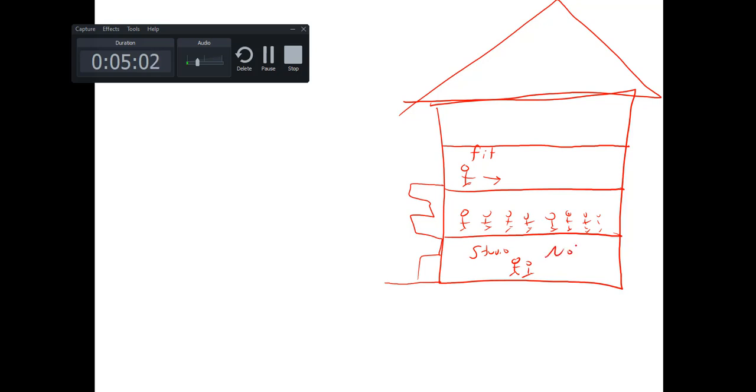So the more fit you are, the more energy you have, then the higher that you can live. So using that housing analogy or apartment complex analogy, let's go ahead and show you the organization for the Bohr model.